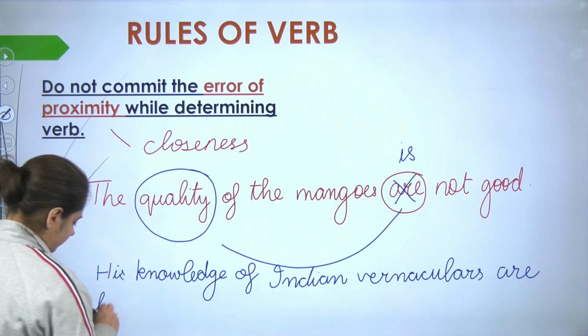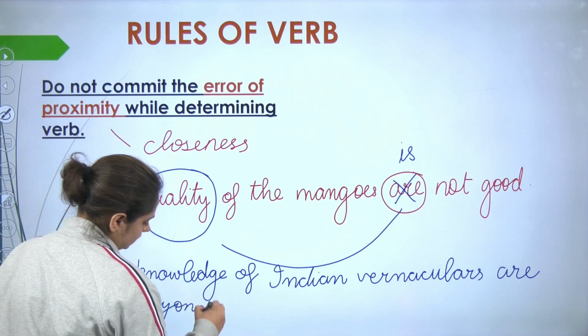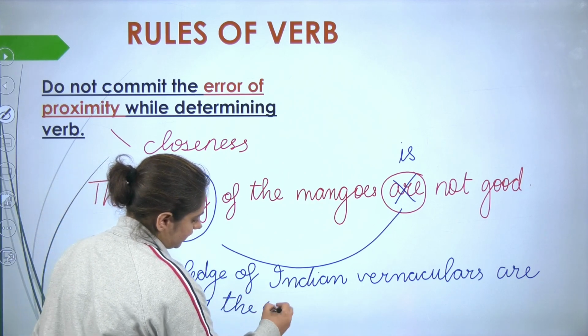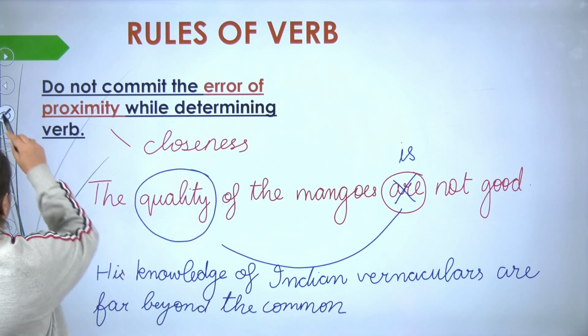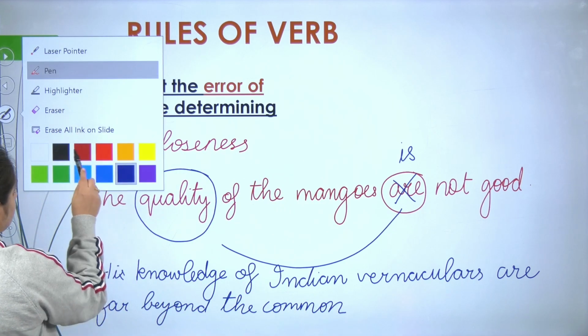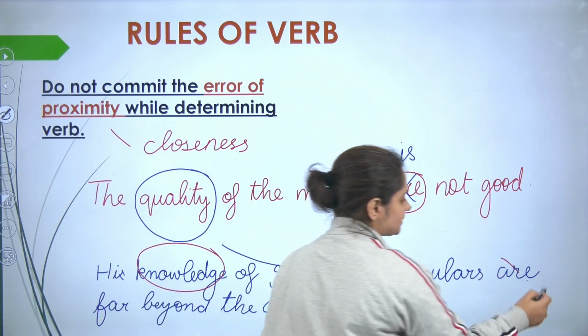His knowledge is great, like far beyond the common. Now in this case, again you will see, what are you talking about? You are not even talking about vernaculars, different languages. No, his knowledge is far beyond. Knowledge is singular. So this is your subject.